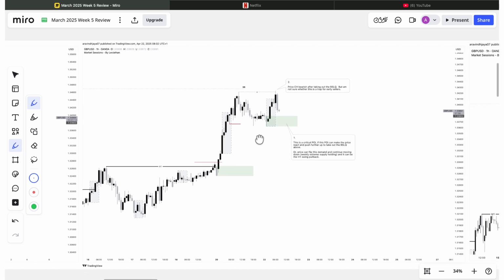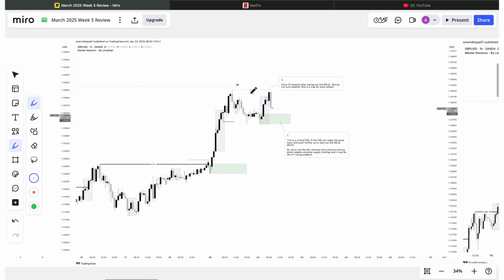So from the H1 perspective, price actually liquidated the highs. But this could be a fake move because there is a much stronger liquidity pool above. The price also liquidated this low and pushed up.